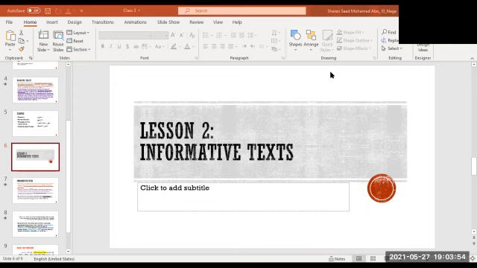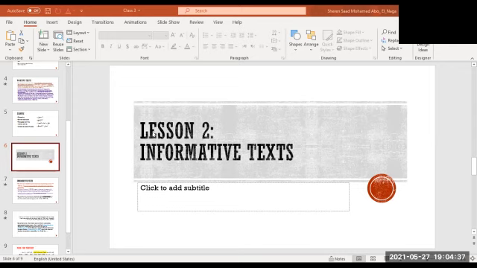And we said that we care about the message conveyed by this text, so we can use the communicative approach. Now, in this lesson, we need to talk about the third type, and this is informative texts. What are informative texts, and which approach do we need to use with that? As we have learned, we need to think of the function of this type so that we could decide on the most convenient approach.